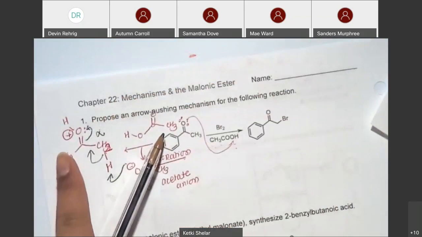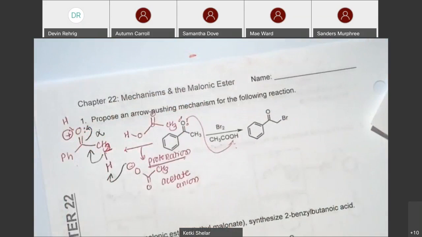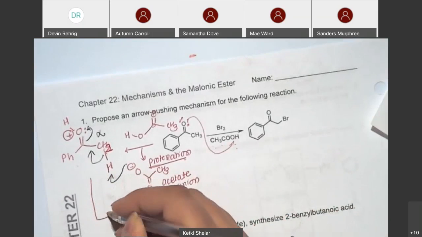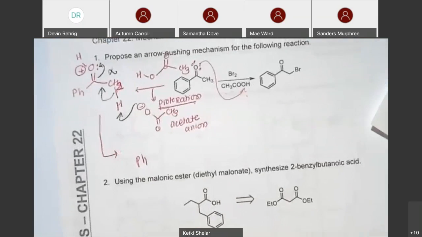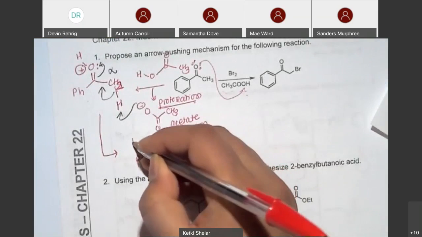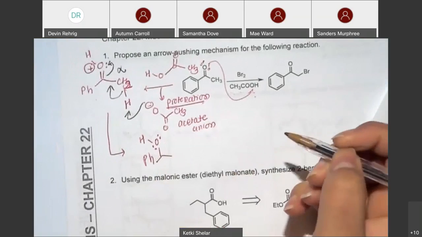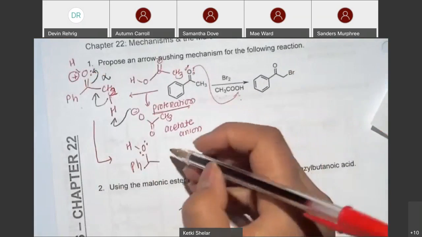So by adding hydrogen to this oxygen, the carbonyl group becomes more nucleophilic, and you would get OH, and this will now have 2 lone pairs of electrons because the 1 bond has been reduced.